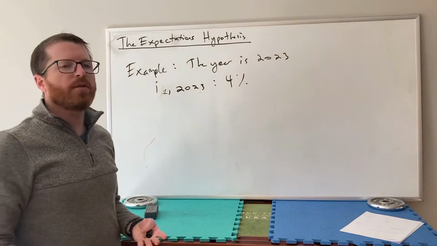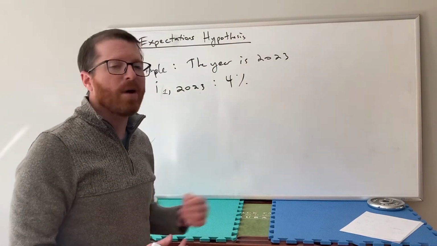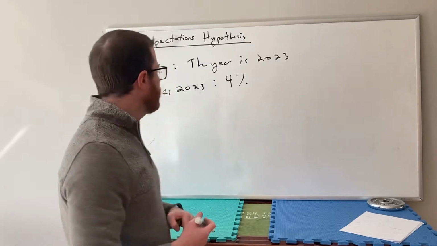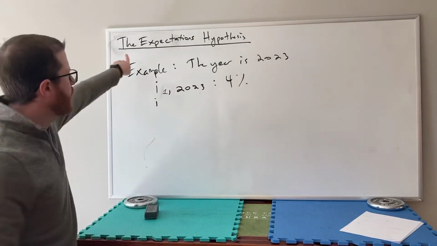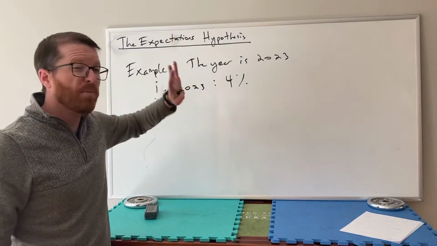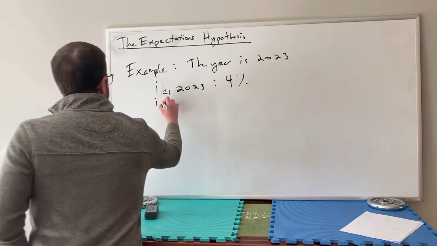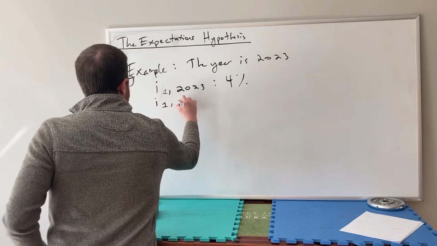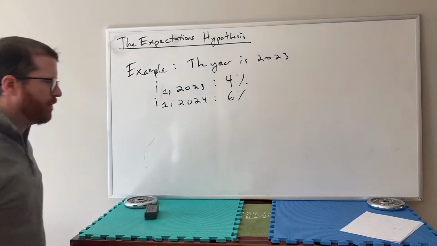And let's also imagine that we could be all-knowing and we can imagine what bonds are going to look like in the future. So let's imagine that you could look into the future 1 year. So this is thinking about expectations, and imagine we had perfect expectations. We exactly know what's going to happen in the future. Then let's imagine that a one-year bond in 2024 pays 6%, okay?